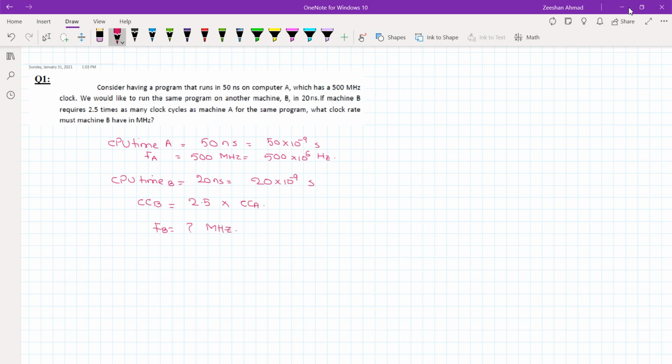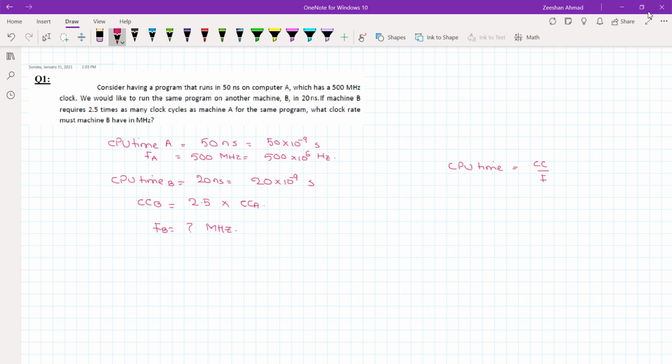Now as we already discussed the formulas before, you already know that the CPU time is basically equal to the cycle count divided by the clock rate here. Because the CPU time is provided to me, the clock rate is provided to us, and the cycle count is somehow provided to us here.